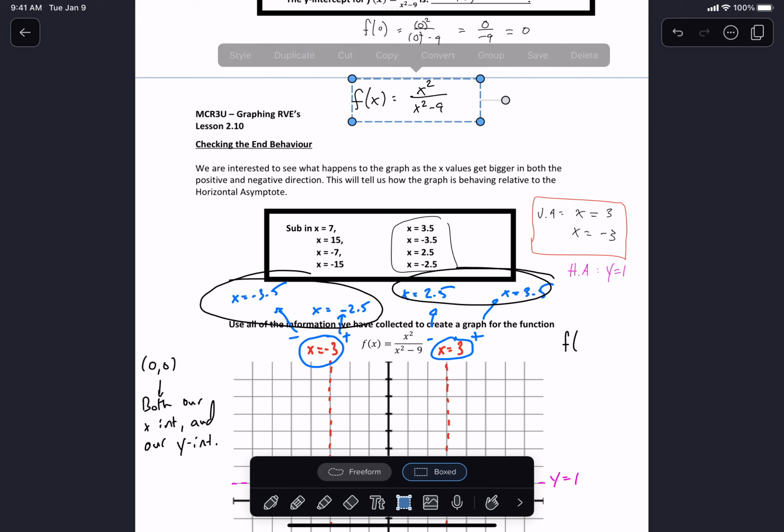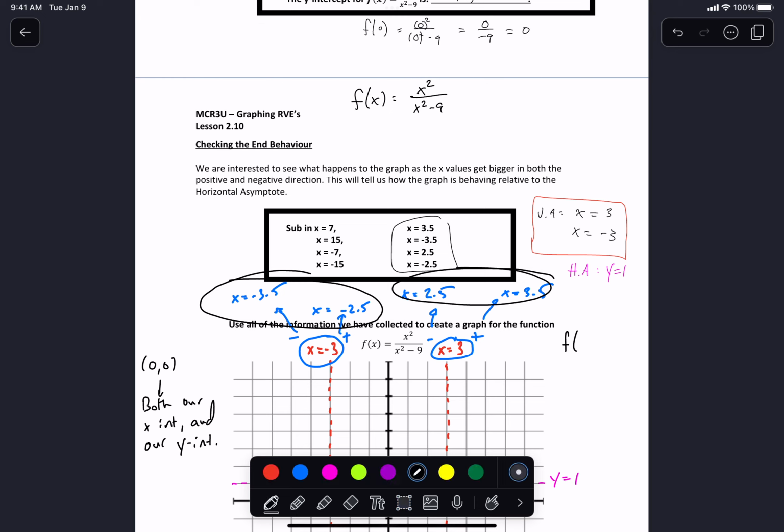I don't necessarily need to see all this work, but I would like you to write down that if you evaluate f at 2.5, I'm going to get out negative 2.27. You can check that on your own. So all I'm doing is 2.5 squared divided by 2.5 squared minus 9. That's negative 2.27. So what do I do with that?